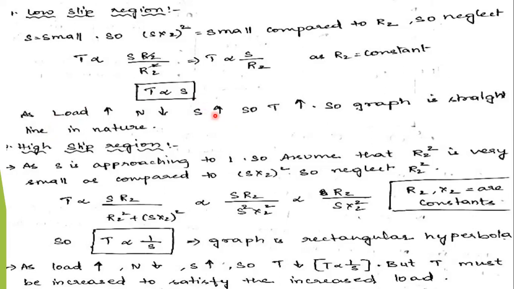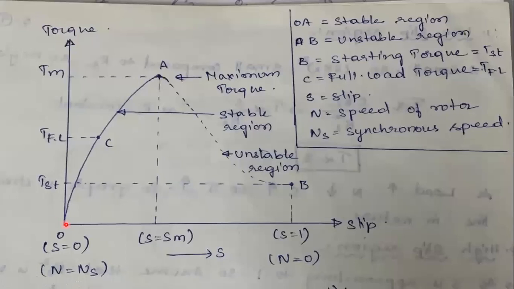As the slip increases, from this equation, torque will increase. So in the graph, as the slip increases in the x direction, torque increases. This is applicable up to the maximum slip point, where this will be satisfied.